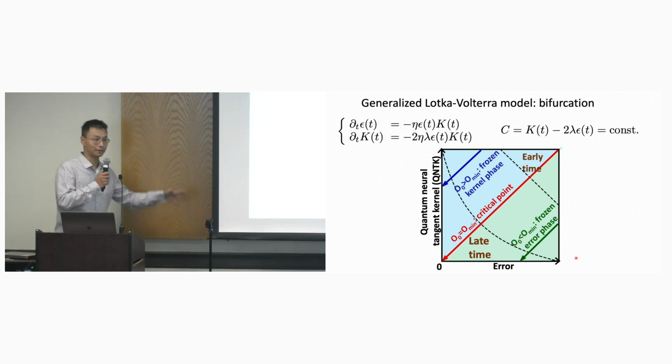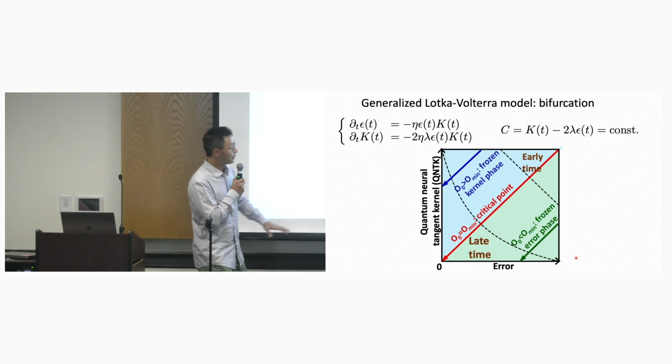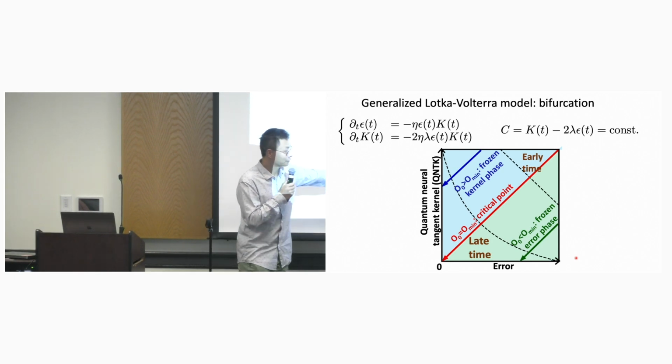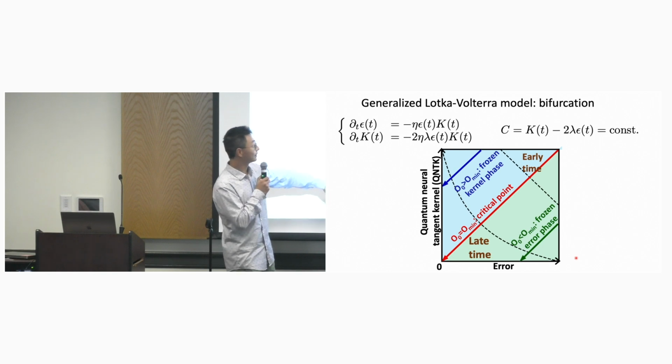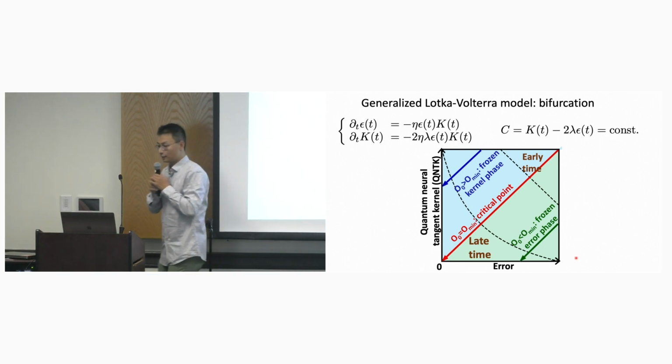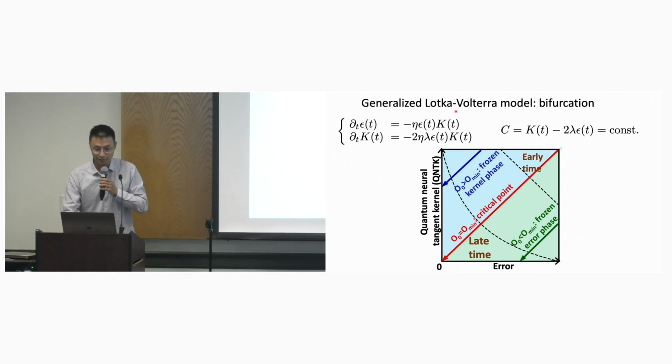Some species will die, some species will not. Here, the error and kernel are like the two species, and unfortunately in this case, one of them will die.